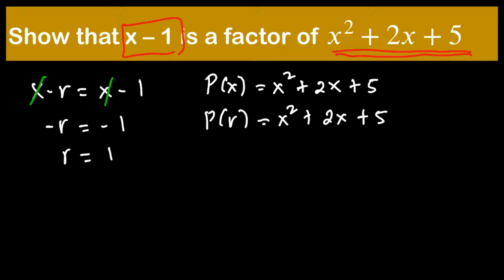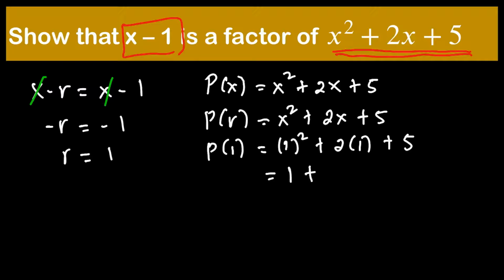And we know that r is 1, so p of 1 is equal to 1 squared plus 2 times 1 plus 5. This gives us 1 squared is 1, 2 times 1 is 2, plus 5. And so our p of 1 is equal to 8.